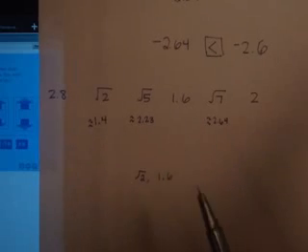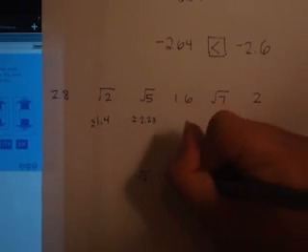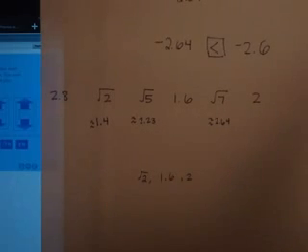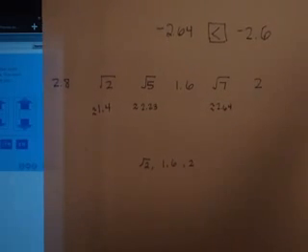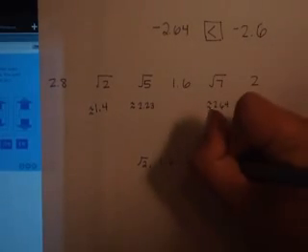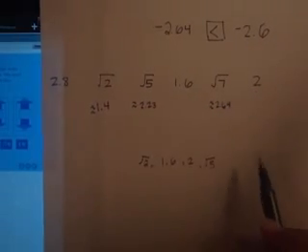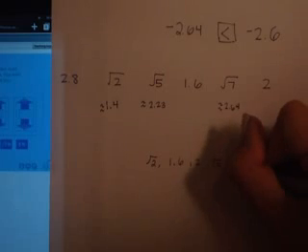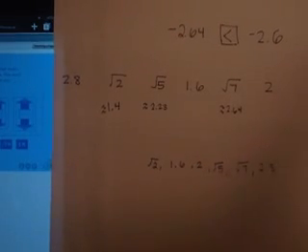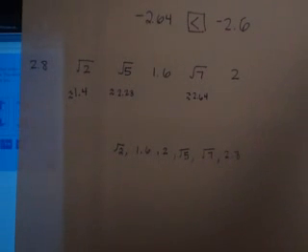Our next to least number would be 2. Then we would have 2.23, which is the approximation of the square root of 5, followed by the square root of 7, followed by 2.8. So we just ordered these from least to greatest.